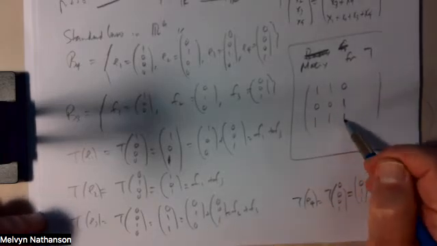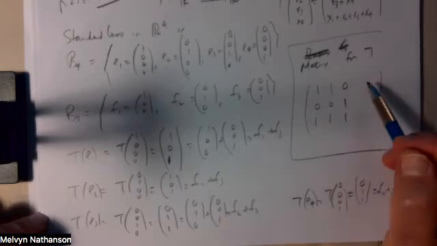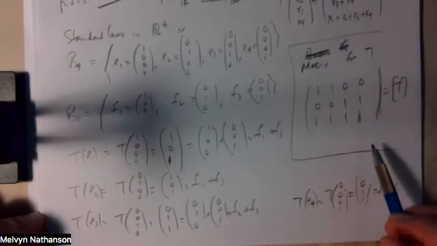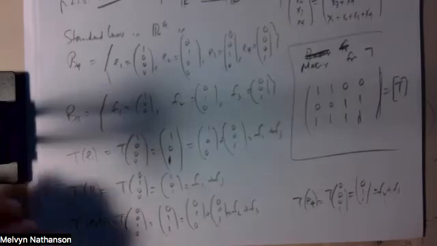T of E3, the coordinate vector is 0, 1, 1. And T of E4, the coordinate vector is 0, 1, 1. So this is the matrix for T with respect to these bases, the standard basis. Okay? Is there a question about any of that? No, until now we are good. Thank you. Okay, so that's the first part.